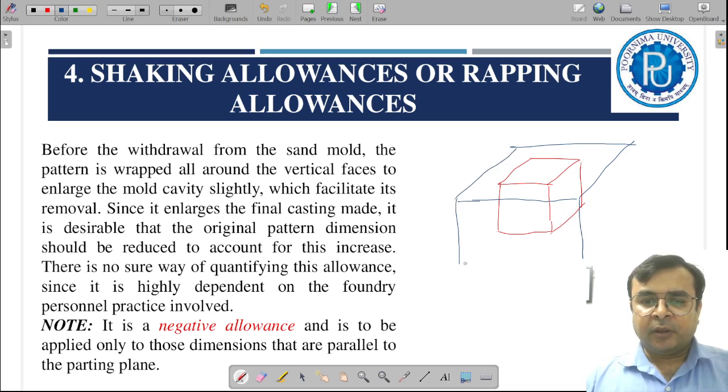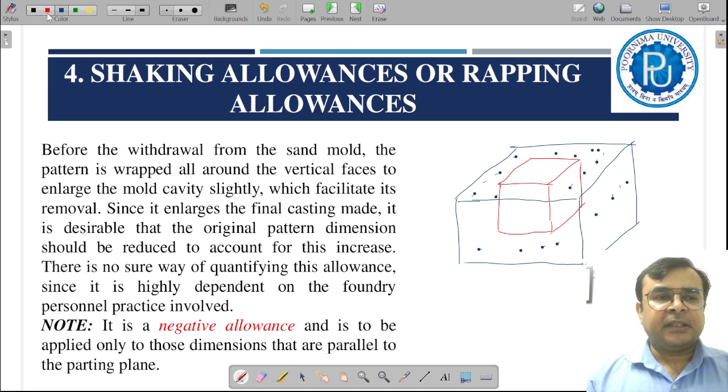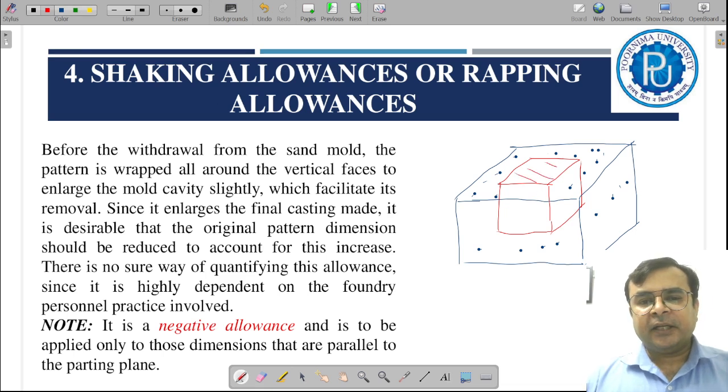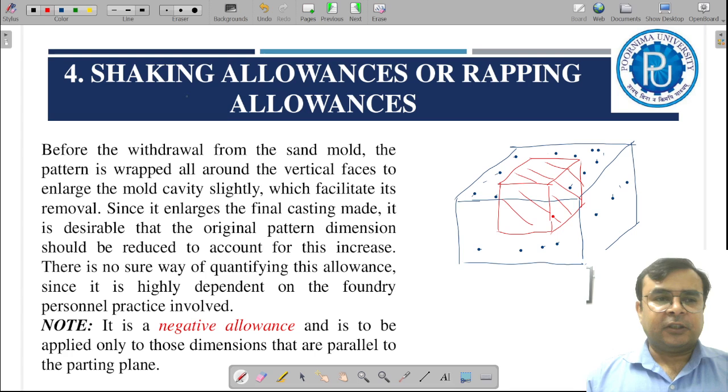Okay, this is a mold box, and here we have molding sand everywhere. And this red portion represents the pattern. This is the pattern actually, and now we need to withdraw this pattern.